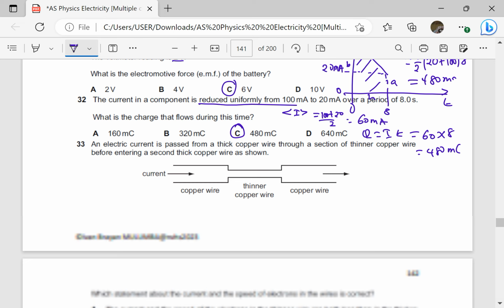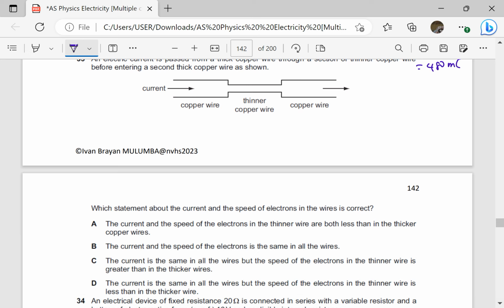An electric current is passed from a thick copper wire through a section of thinner copper wire before entering a second thick copper wire, as shown. Which statement about the current and the speed of the electrons in the wires is correct? Let's first look at the expression which relates current to speed. We know that current is equal to nAve.